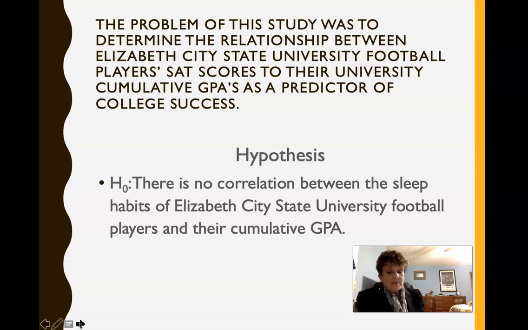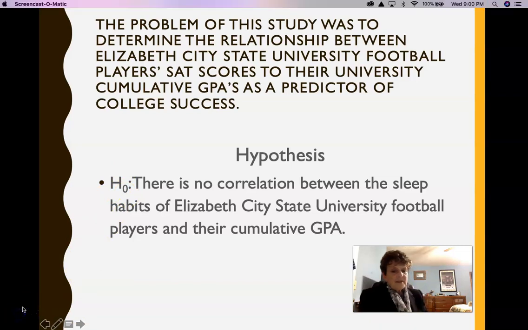So this time I'm doing an experimental study, and so I'm going to say my hypothesis is there is no correlation, and you'll notice that this says HO, so this means the null hypothesis, and the null hypothesis says there is no correlation between the sleep habits of Elizabeth City State University football players and their GPA.